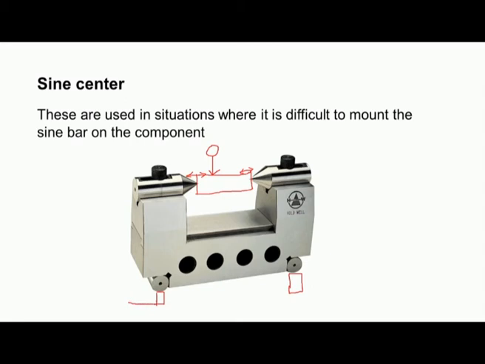So, this is the surface plate. This is H1 and this is H2. Now, we should find what should be the value of H1 minus H2.